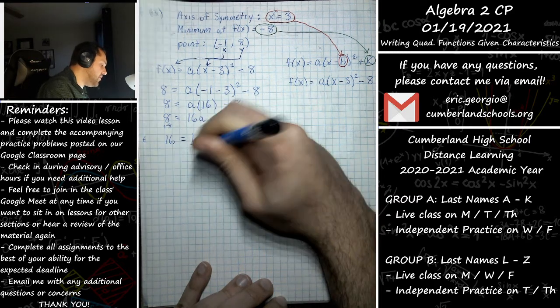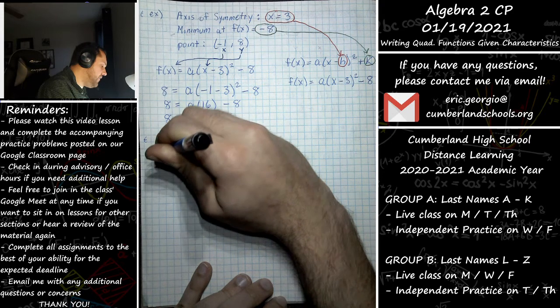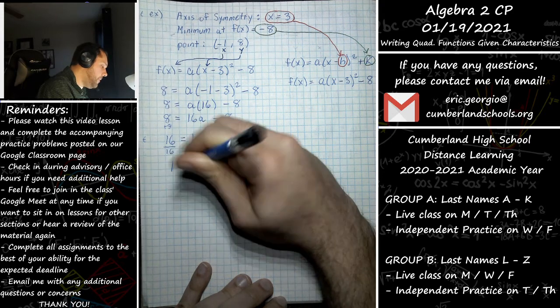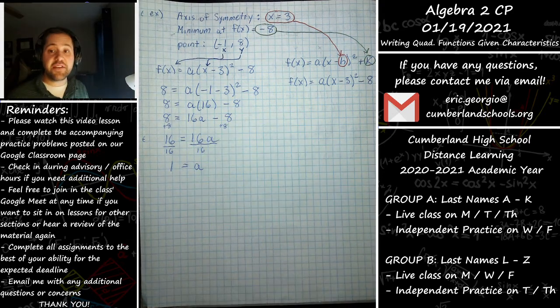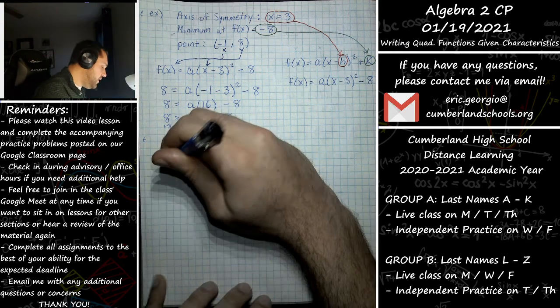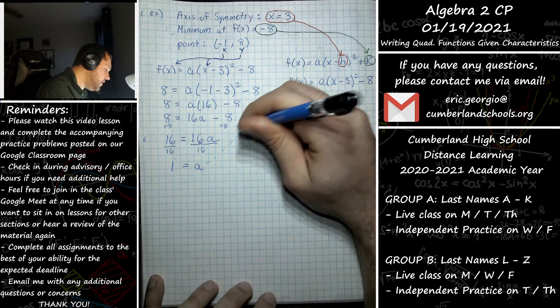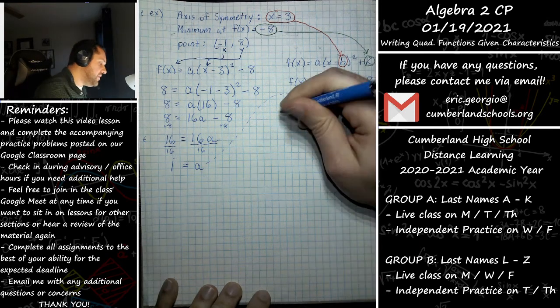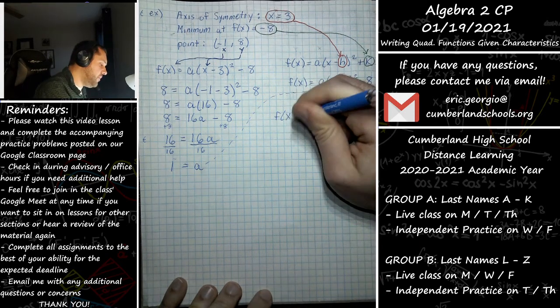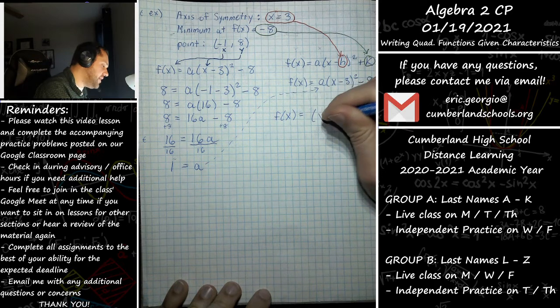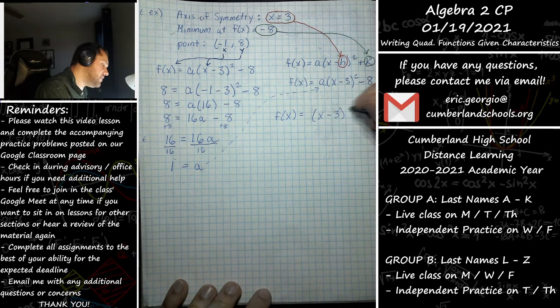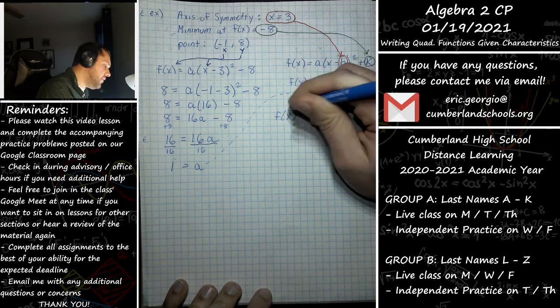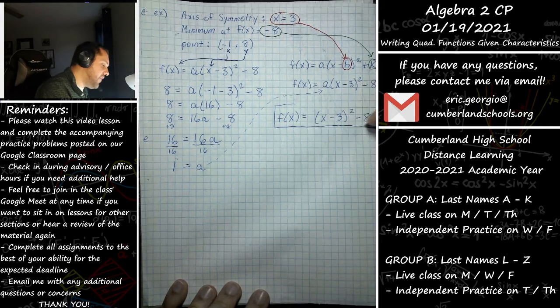And then dividing both sides by 16, we would get that a is equal to 1. So that's nice. It just has a stretch of 1, meaning we don't really even need to write anything over here. But taking this and plugging it right back up here, we'd be able to say that my function in vertex form is 1 times x minus 3 squared minus 8. And that would be the function that would satisfy those conditions.